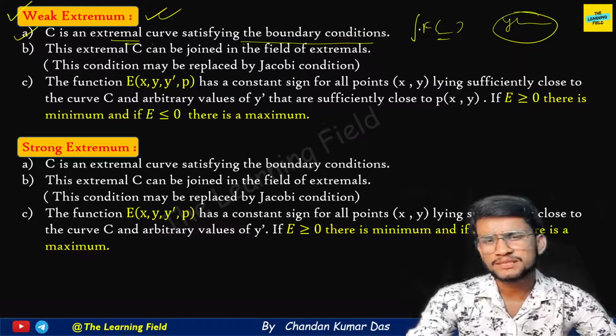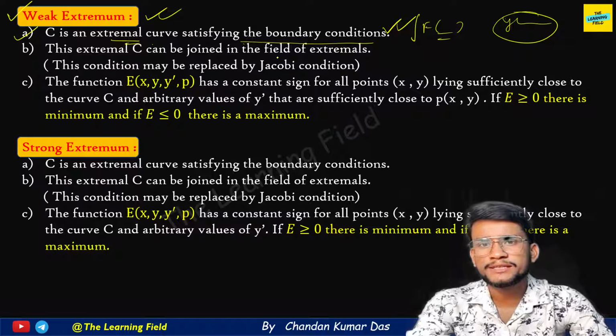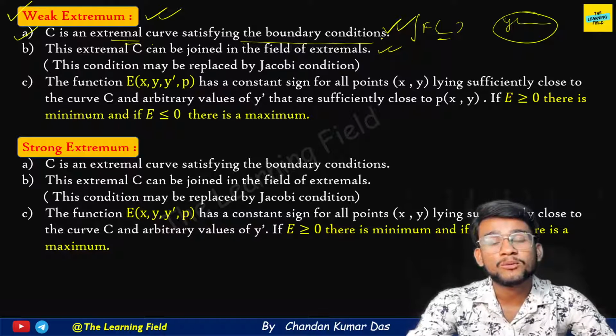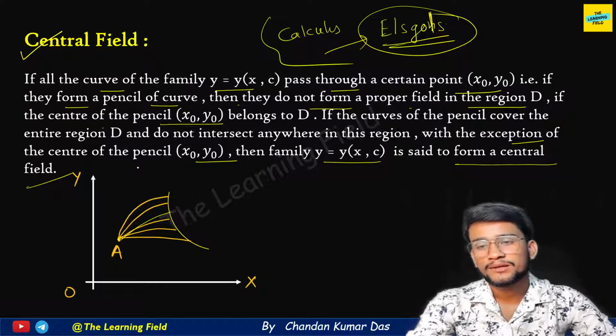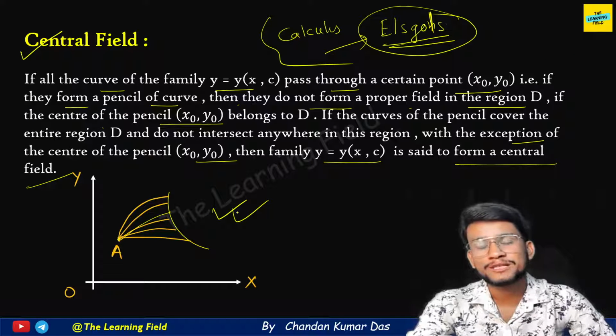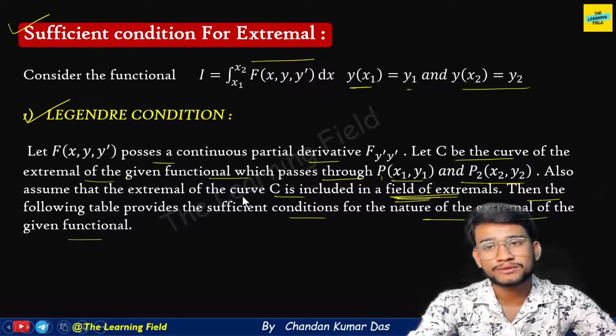This is the obvious case, and this extremal C can be joined in the field of extremals. This means that the extremals form a central field.